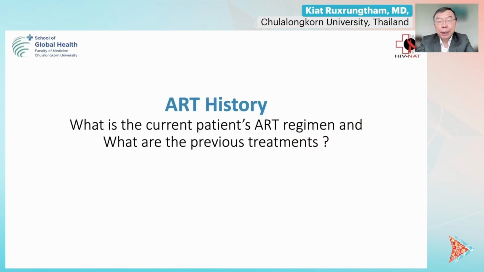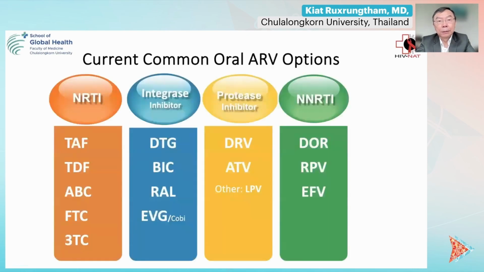Now coming to taking the history. What regimen are they currently taking right now, or is there any previous treatment history or not? I think we're all familiar that currently we have 4 classes of ARV commonly used as oral treatment options: the nucleoside reverse transcriptase inhibitors, integrase inhibitors, protease inhibitors, and non-nucleoside reverse transcriptase inhibitors.